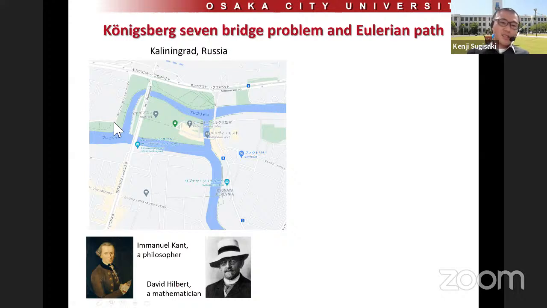And this is a map of Konigsberg. The town is now Kaliningrad in Russia.